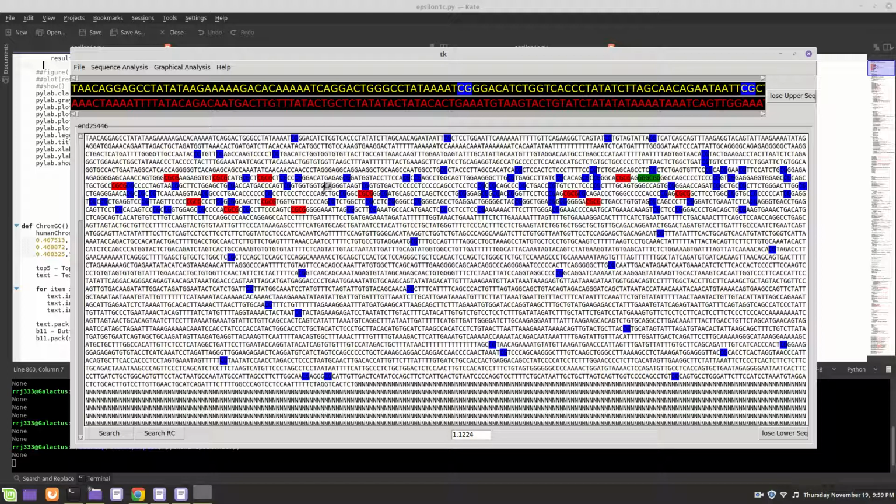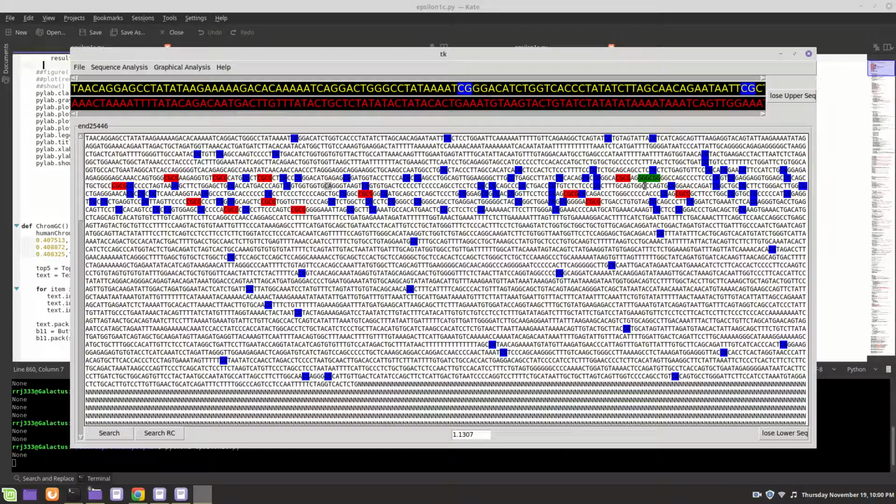So yours may not be as easy to do as this one, but this is the kind of argument you should make. All of them should probably have a GC box of some sort in your promoter. It may not be as good as this one. It may only be as good as the green here, GGG, CGG, or maybe you have to reduce it to GG, CGG.